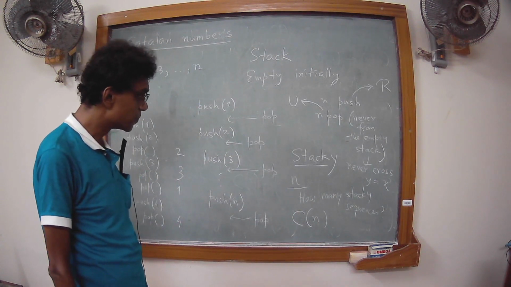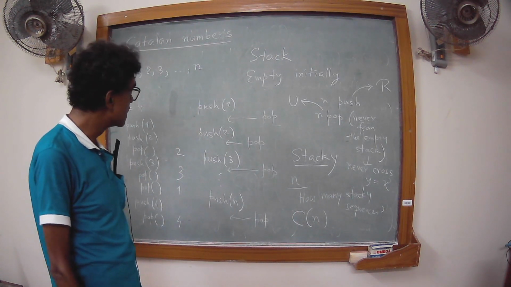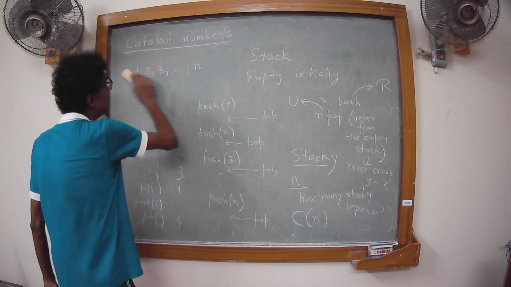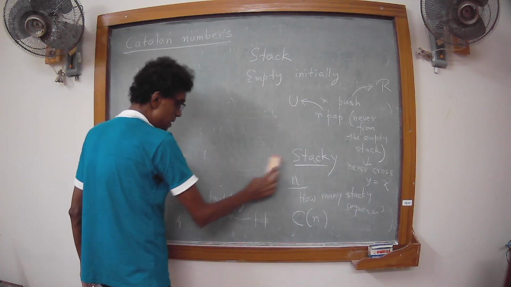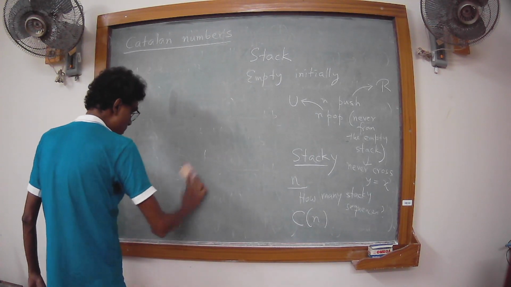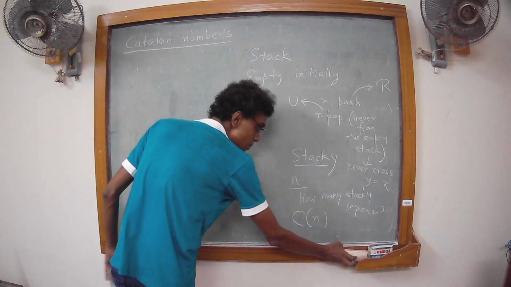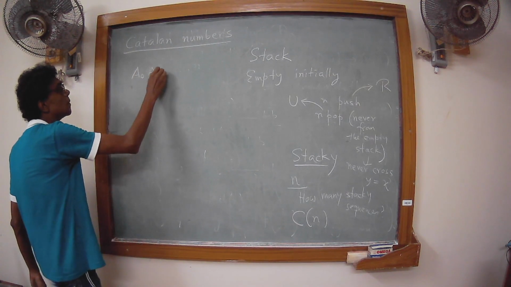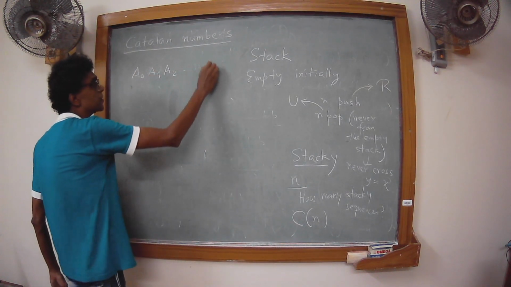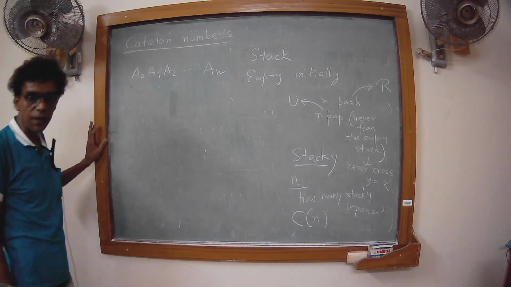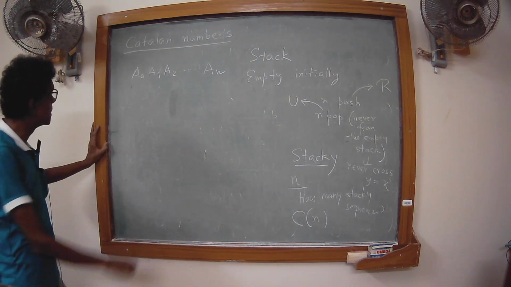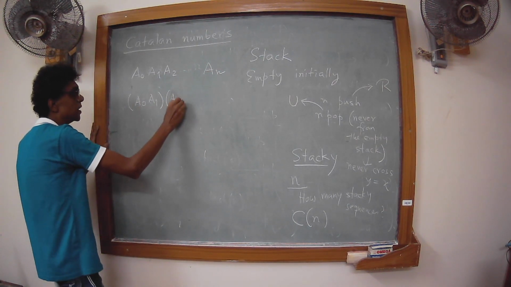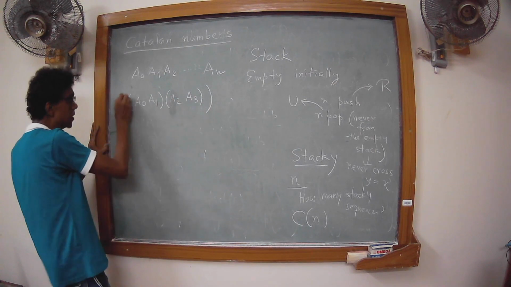Fine. So, we will see many other interpretations of Catalan numbers. I just mention a couple of such things. Suppose you want to multiply some matrices, n plus 1 of them. So, there is an order of multiplication. For example, you may first multiply A0 with A1, then A2 with A3, then this product and this product.